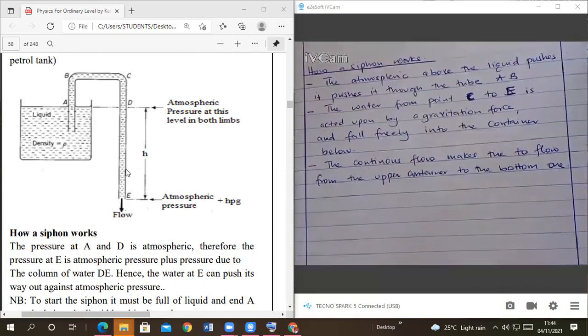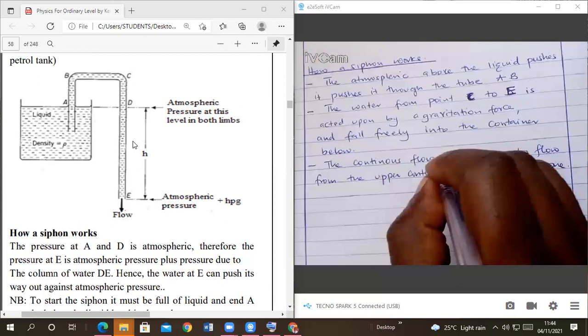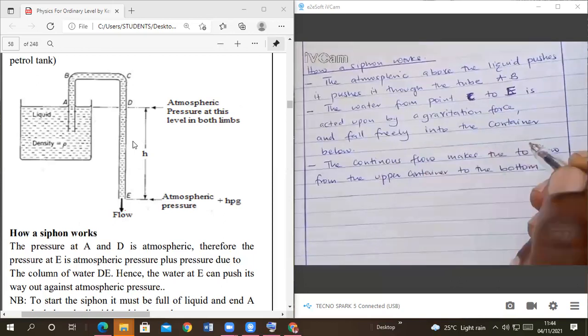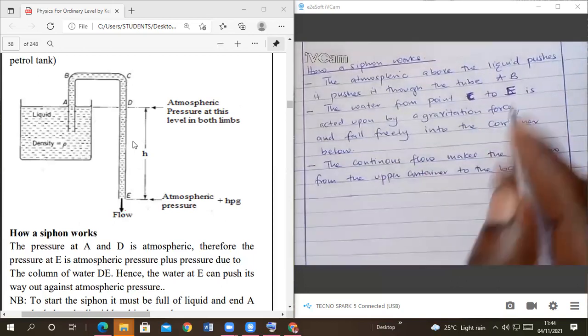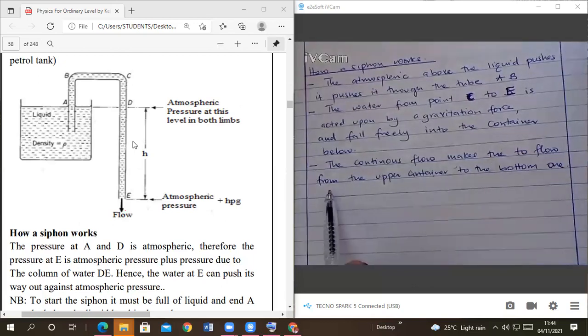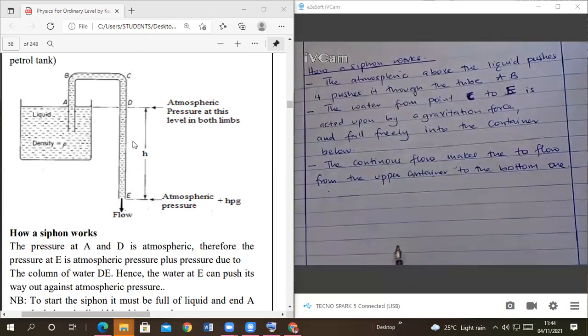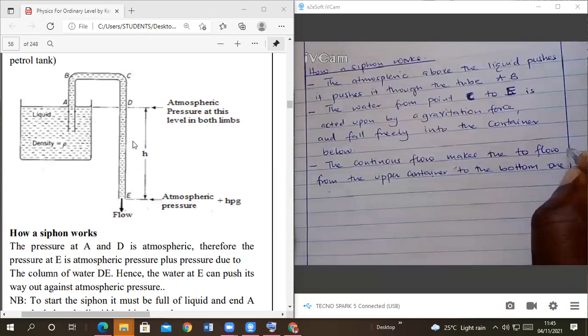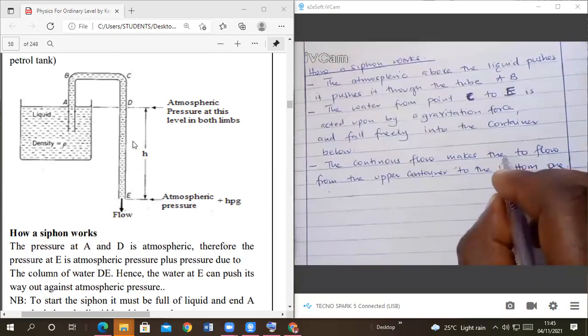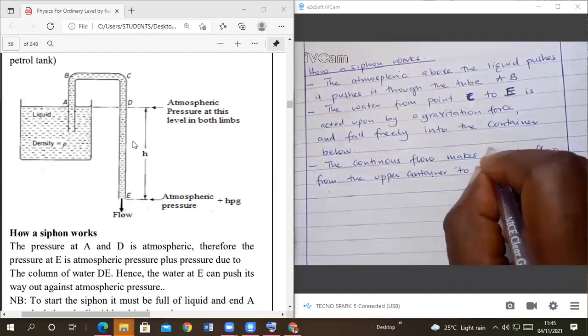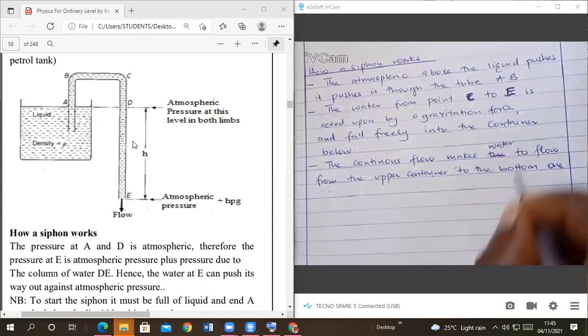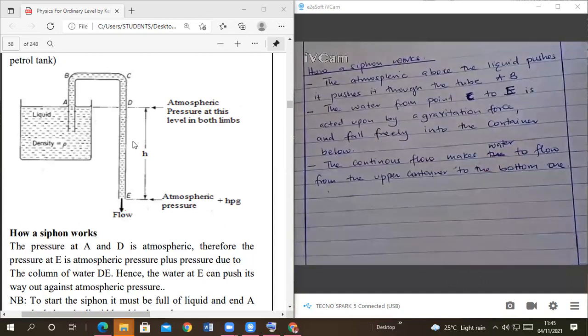Now, the reason why this upper container, yes. First, repeat on that point. The continuous flow of the water makes the water flow from the upper container to the bottom one.